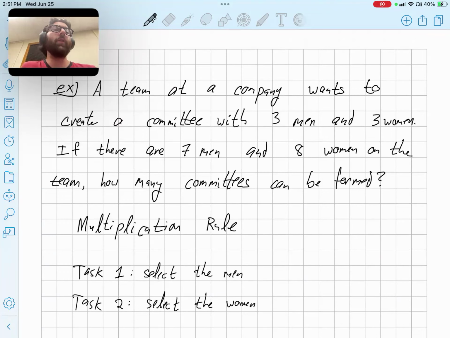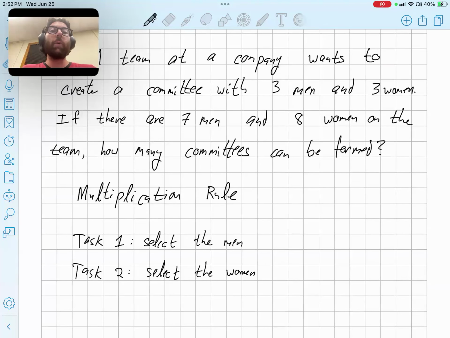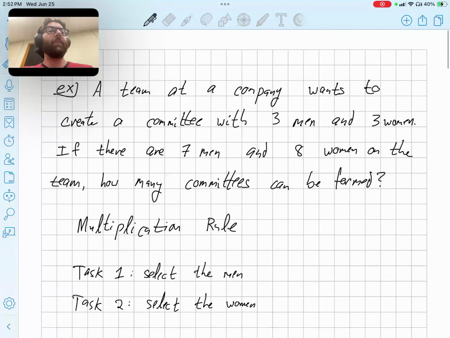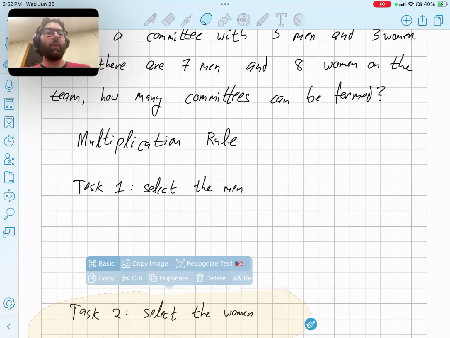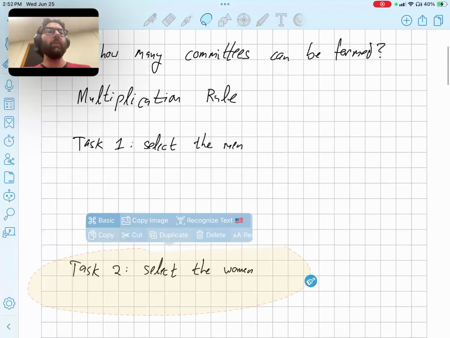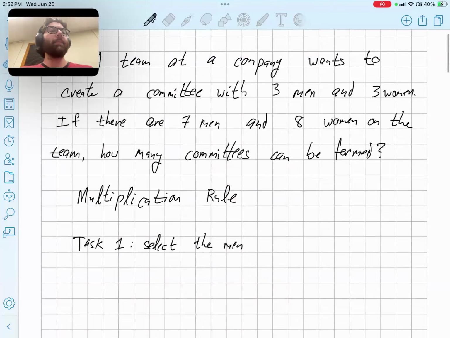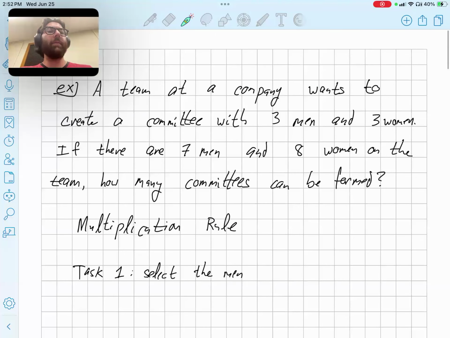Because choosing the committee amounts to choosing which men you're going to have and which women you're going to have. The difference is now selecting the men and women, each of these tasks is not as straightforward as when we first learned the multiplication rule. So for selecting the men, how do we do this? We have 7 men, and we want 3 men on this committee.